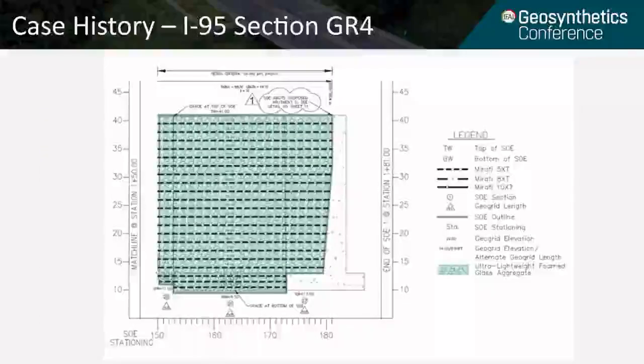This figure shows you a cross-section of the reinforced ramp. You can see that the reinforcement ties into a cast-in-place wall on one side, and then it has temporary facing consisting of steel welded wire mesh facing units on the opposite side.